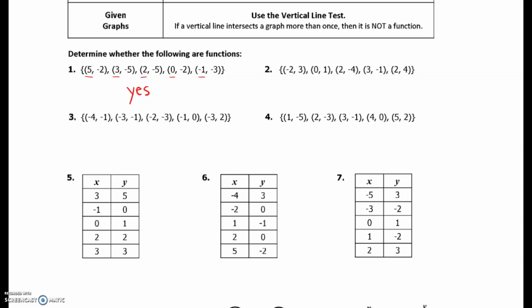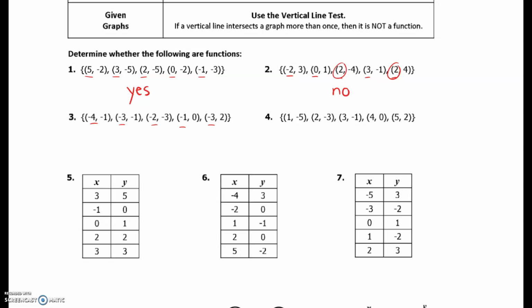In number 2, we see -2, 0, 2, 3, and 2. Well, here we can see that 2 repeats. If it repeats, this is not a function, so we will write no. The same thing for number 3. We're going to look at -4, -3, -2, -1, -3.